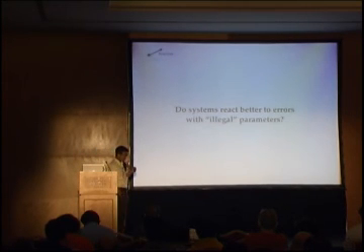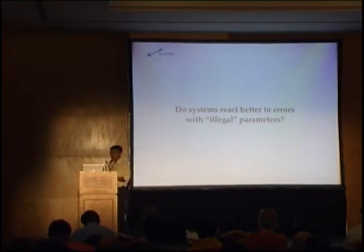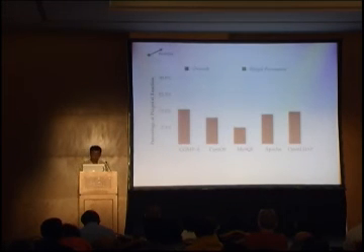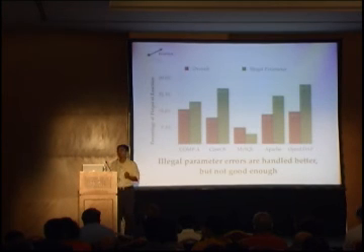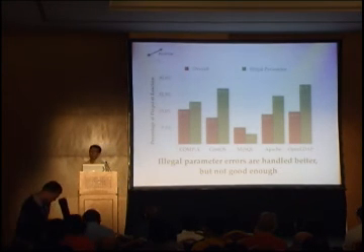We mentioned that illegal parameters are relatively easier to detect. So we wondered, do systems actually react in a better way to errors with illegal parameters? This is what we did. In this graph, the red bars show the percentage of pinpoint reactions over the overall cases, and the green bars show the percentage of pinpoint reactions for only illegal parameter errors.